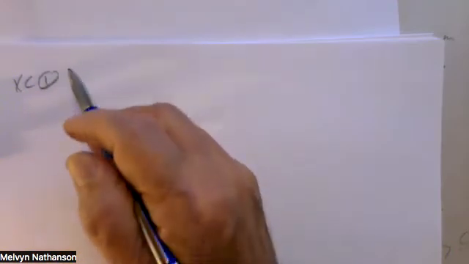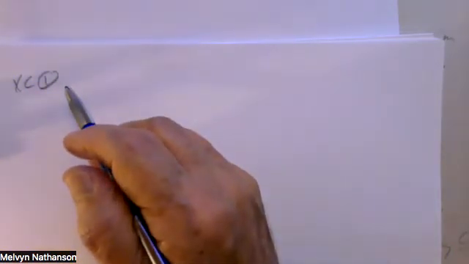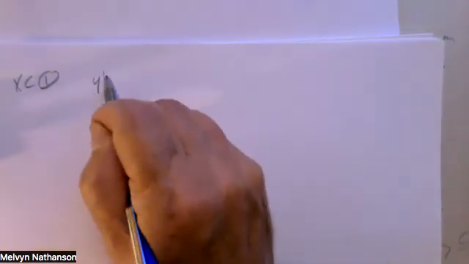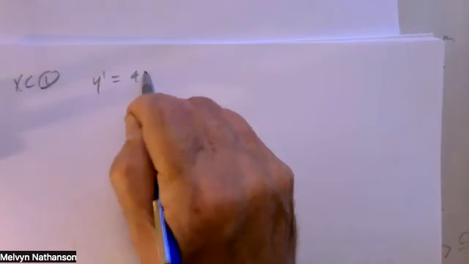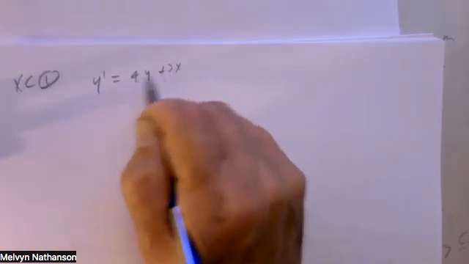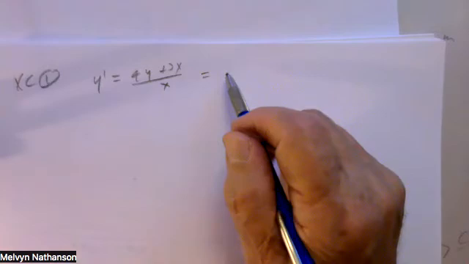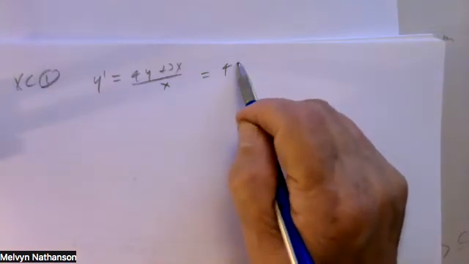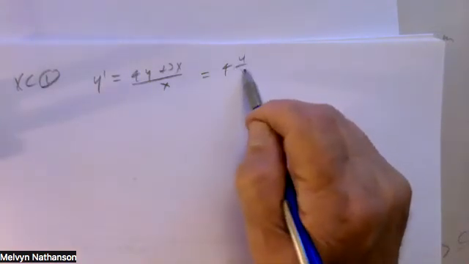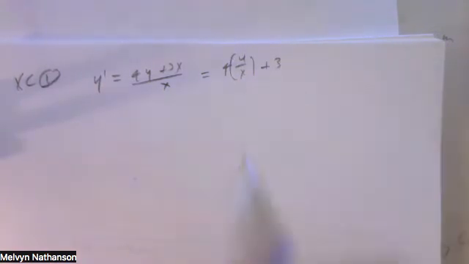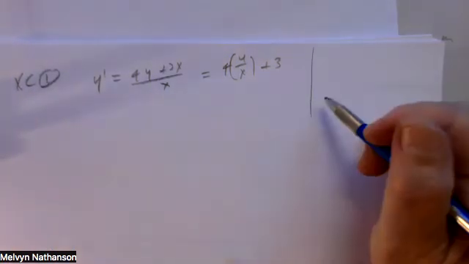So we have y prime equals 4y plus 3x over x, which is 4y over x plus 3.